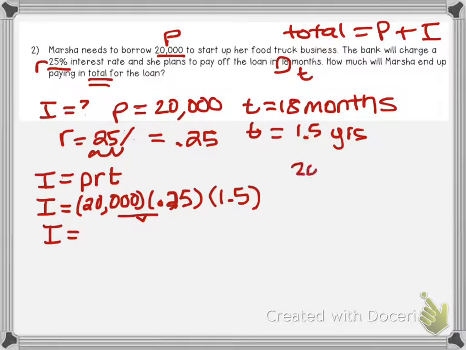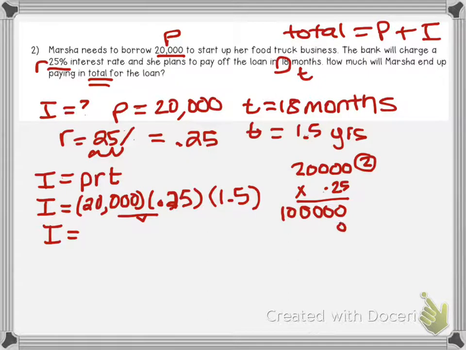Okay, so we're going to multiply the first two things times each other first. So 20,000 times 0.25. Two numbers to the right of the decimal. So we have 5 times 0 is 0, 5 times 0 is 0, 5 times 0 is 0, 5 times 0 is 0, and then 5 times 2 is 10.